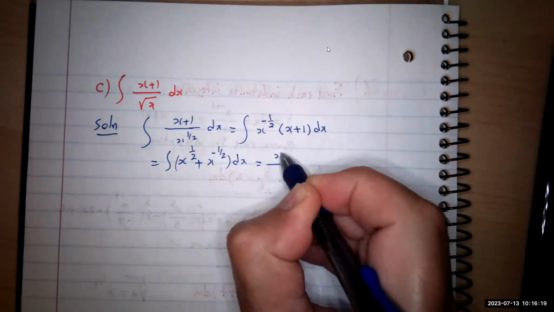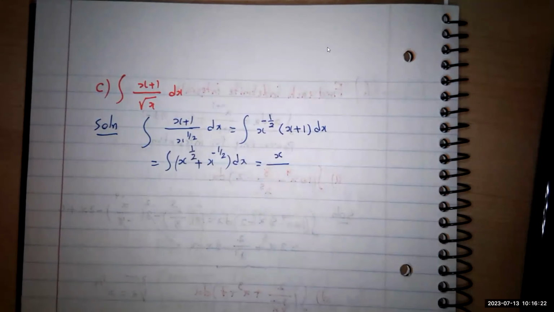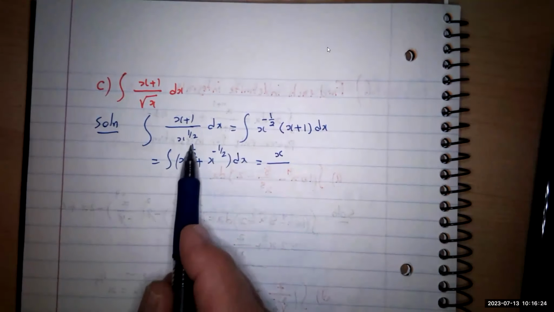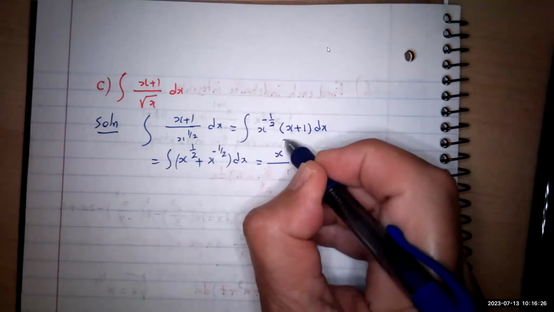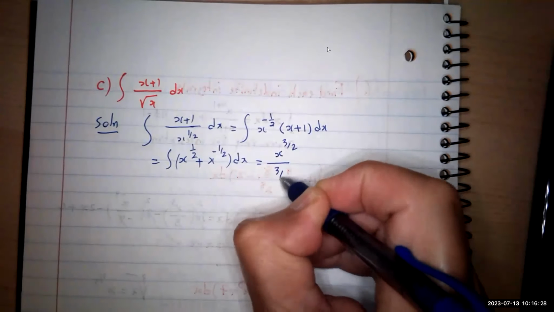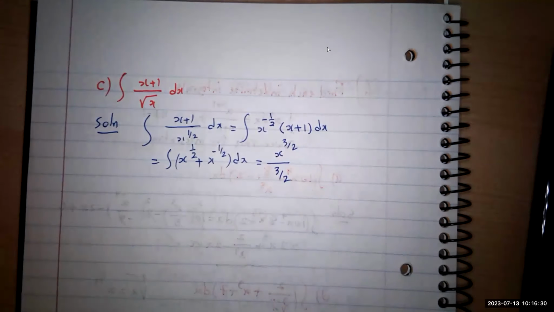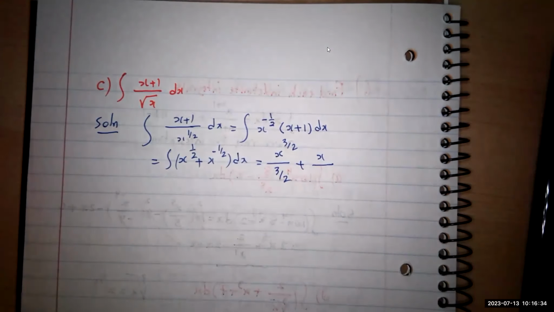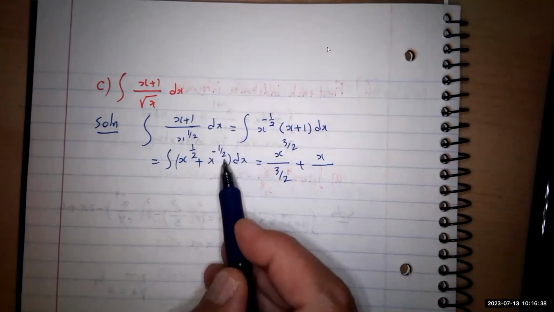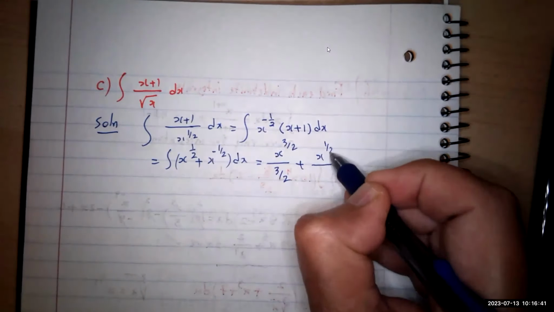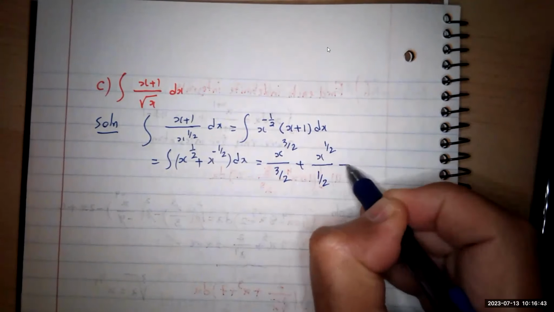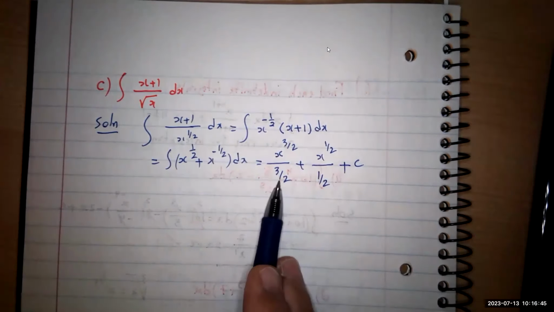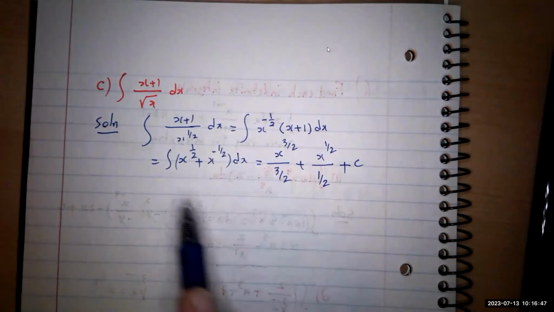Now just add the power. It's going to be x to the 1/2 plus 1, it's like 1 plus 2, 3/2 over the 3/2. Okay, plus x to the negative 1/2 plus 1, it's positive 1/2, it's like negative 1 plus 2. It's going to be 1/2 over the 1/2 plus c. Use the reciprocal of this number. So 3/2 would be 2/3.